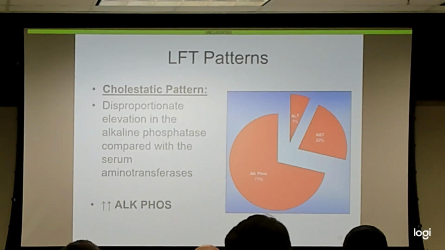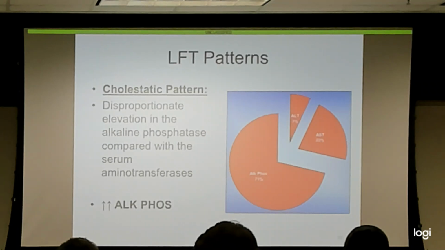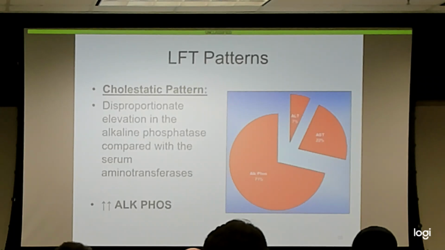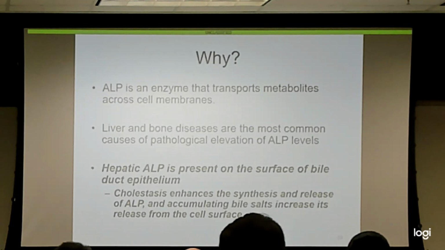And so in the cholestatic pattern, I may have a little elevation in my AST and ALT because things are backing up and causing injury to my hepatocytes. But mostly I'm going to have big elevations of my alkaline phosphatase and GGT. It's because at that biliary tissue, if I've got some issues with that bilirubin, those enzymes are going to be increased, and so I can find those on my labs.